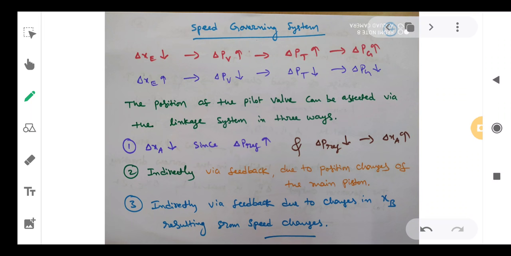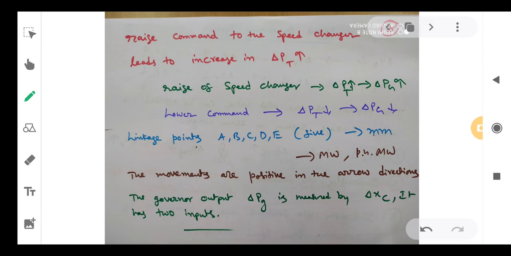The second one, indirectly via the feedback. Third one, indirectly via the feedback due to changes in xb with the speed changes. Now, a raise command to the speed changer leads to an increase in delta Pt and delta Pg.